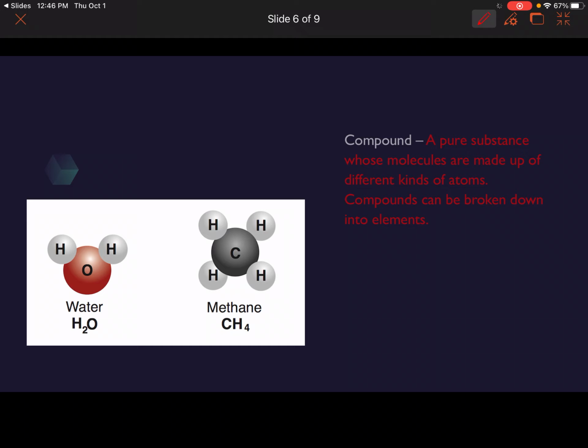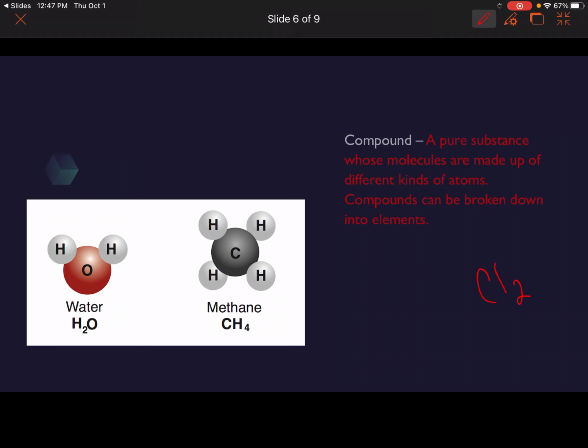And lastly, we're going to look at compounds. So a compound is also a pure substance whose molecules are made up of different kinds of atoms. So molecules and compounds you can use interchangeably, kind of, or I should say all compounds can have molecules, but not all molecules are compounds. Yeah, that's better. Because remember we talked about Cl2 being a molecule.